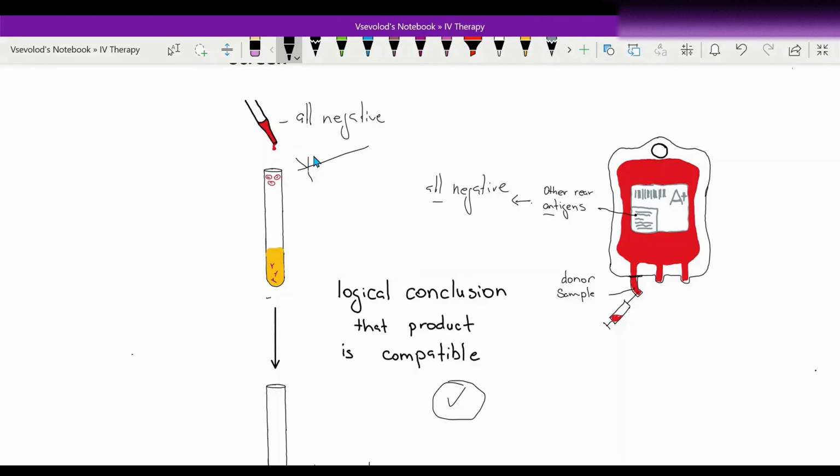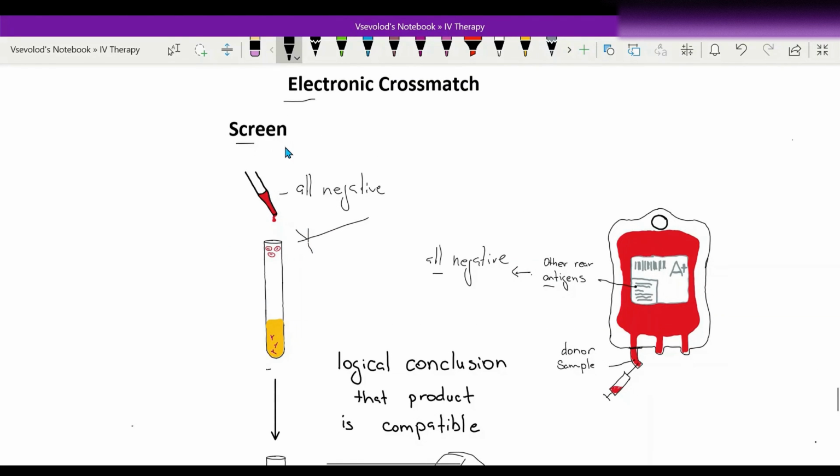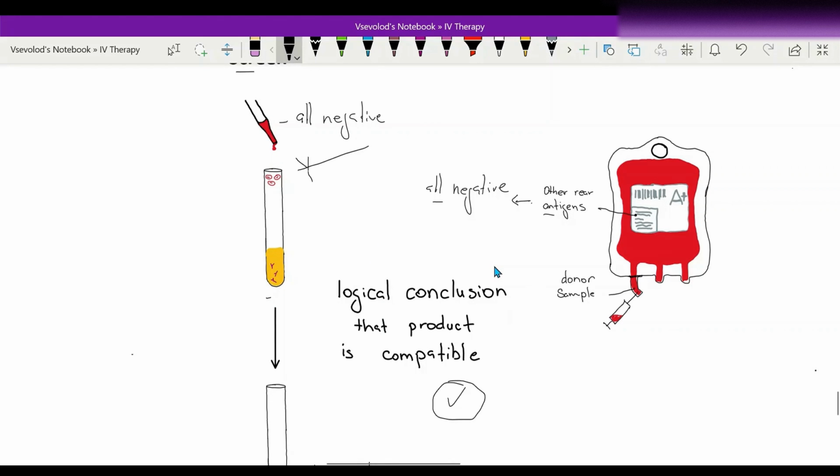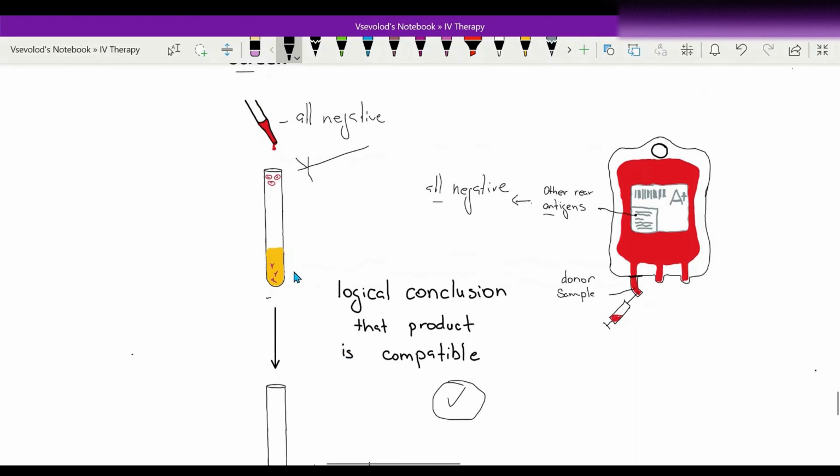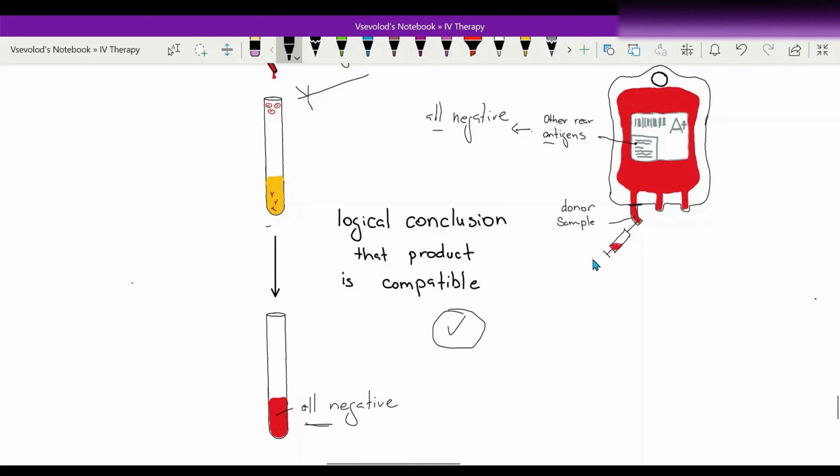In electronic cross-match, if the results of the patient screen test are all negative, so techs can say that patient does not have any antibodies in their serum, and the computer information about the unit of blood shows that there are no weird antigens on the surface of the red blood cells, then techs can trust and say unit of blood and the patient are compatible.